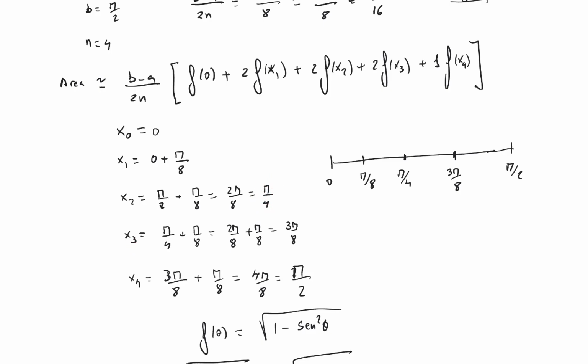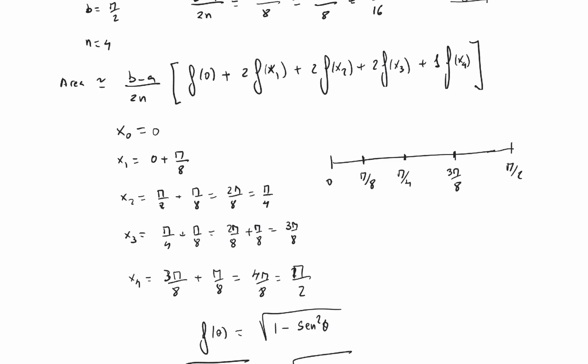The third point is the previous point, pi divided by 4, plus delta x, pi divided by 8, so it will be 3 pi divided by 8. And the last point is the previous point plus delta x, pi divided by 8, which is the last point, pi divided by 2.